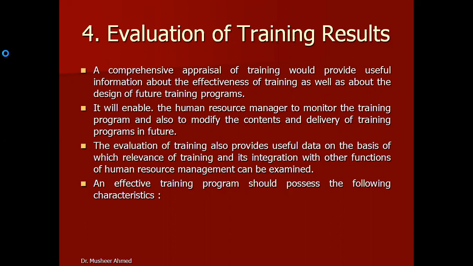Evaluation of a training program will provide you with the data with the help of which you may be able to understand the relevance of training to the organization and also the integration of training with the different functions of human resource management, right?